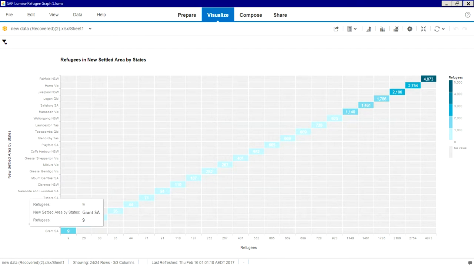The lowest was Grant, SA, with only 9 refugees. Most refugees settled in Fairfield, NSW, which is a very big area of Australia.